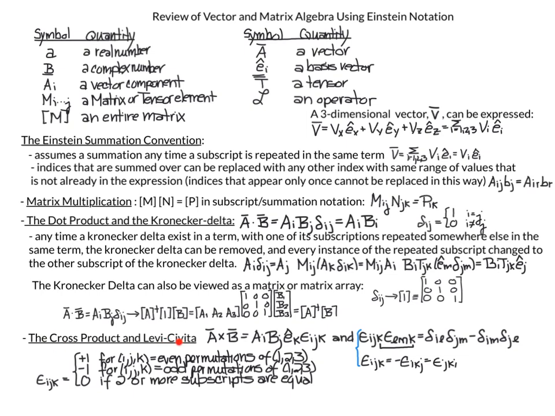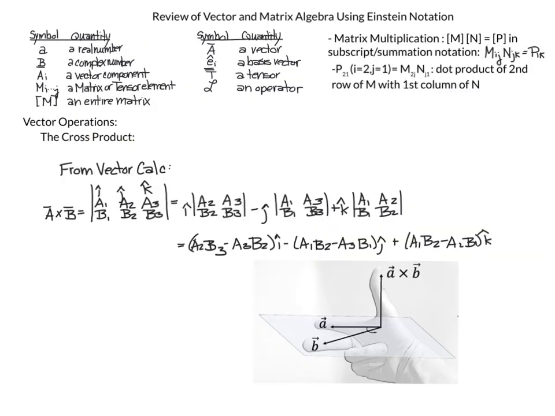So the next topic we're going to cover is the cross product and the Levi-Civita. To review the cross product from vector calculus, when we crossed a vector A with a vector B, it was the determinant of the i, j, k vectors with the A1, A2, A3 components, B1, B2, B3 components.